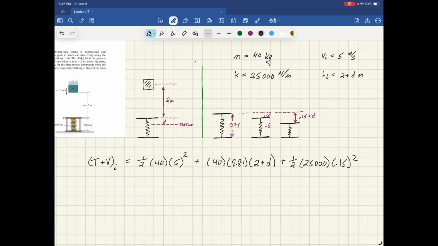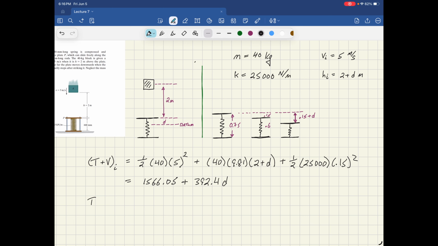Now, if we work all those numbers out, we can combine our values and we'll end up with a value of 1566.05 plus 392.4 D.